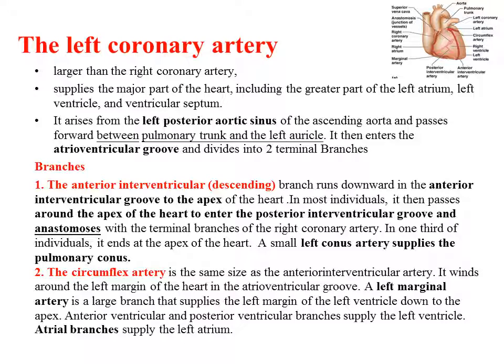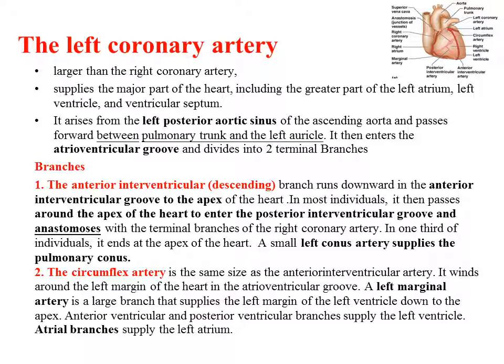Number one is the anterior interventricular descending artery, sometimes called the LAD, left anterior descending artery, which runs downwards in the anterior interventricular groove to the apex of the heart, supplying the apex. So the apex is supplied by the left coronary artery through the anterior interventricular or descending artery.